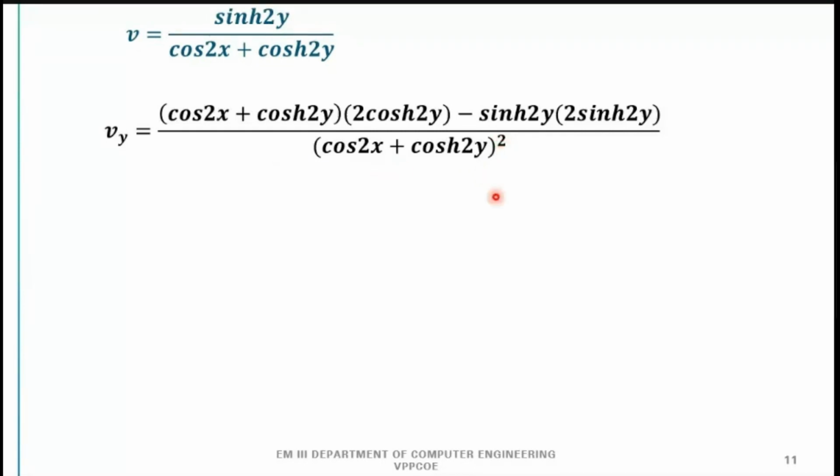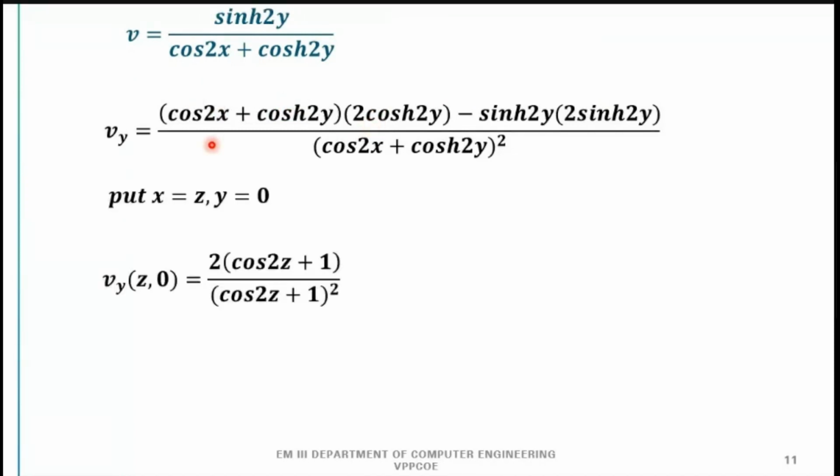Put x is equal to z, y equal to 0. This term will become 0 because sin h 0 is 0. ये पूरा term 0 हो जाएगा. यहाँ पे cos h will become 1, ये भी 1 हो जाएगा. So I'll get Vy is equal to, this is 1, cos h is 1, so I will get 2 outside. This is cos 2z plus 1 upon cos 2z plus 1 the whole square.